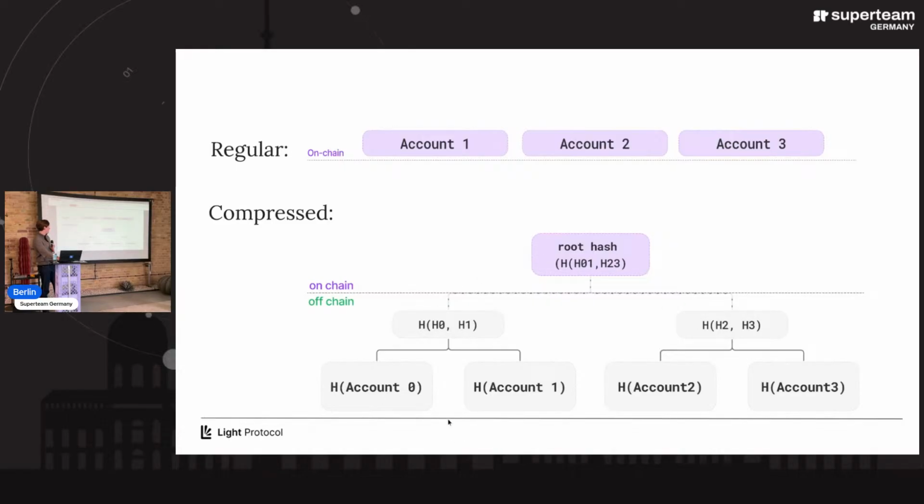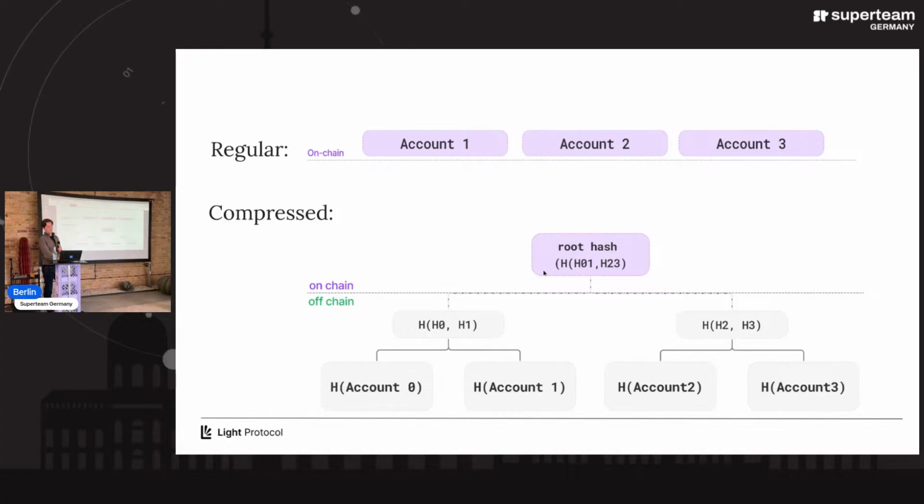This data structure is called a Merkle tree. And you can see that all these accounts are just hashes below here, but they're all in this one on-chain account in the root hash and verified with each transaction. This way, it's not less secure or anything like if you would store it in a Solana account. It's just stored more efficiently.